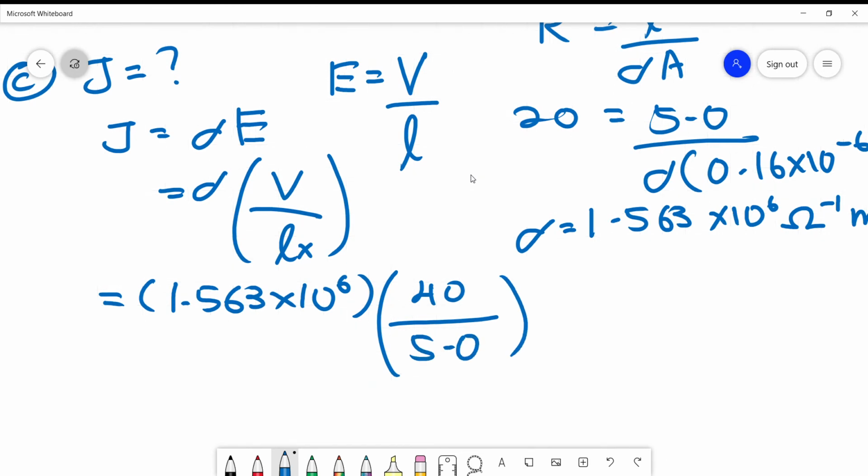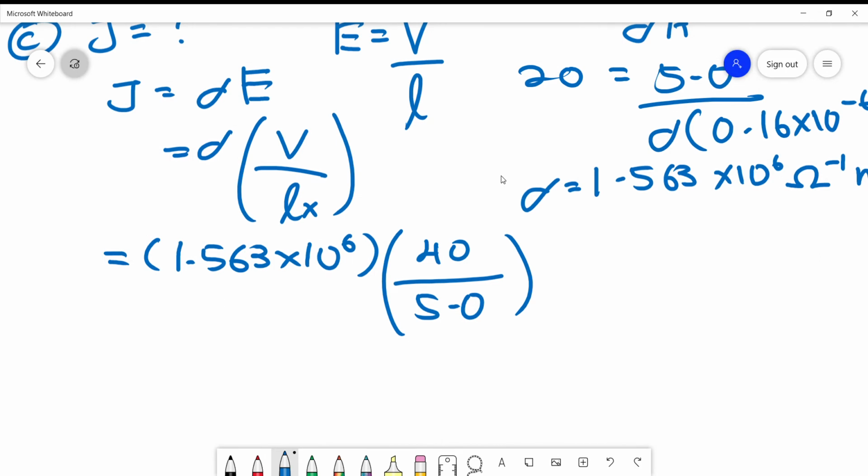So for the final answer after calculating, what I get is 1.250 times 10 to the power of 7. Okay, so this is ampere per meter square.